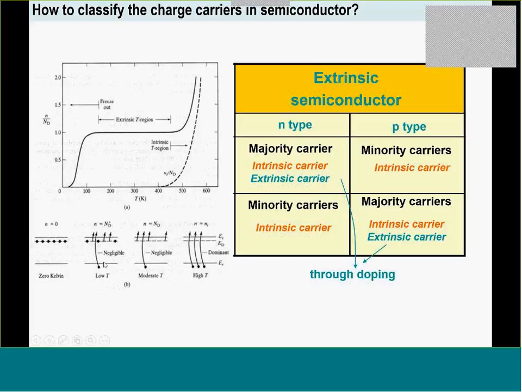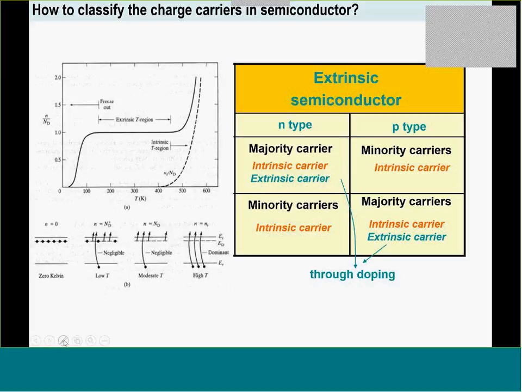At low T, you can see that some of the electrons from the donor level have jumped into the conduction band, whereas only a negligible number of electrons from the valence band jump into the conduction band, because the band gap is high. There is not enough temperature for it to jump, because it needs energy to jump the band gap.